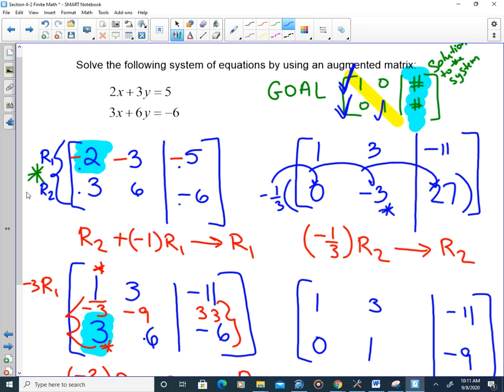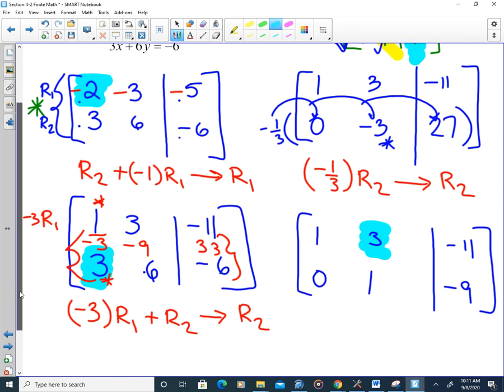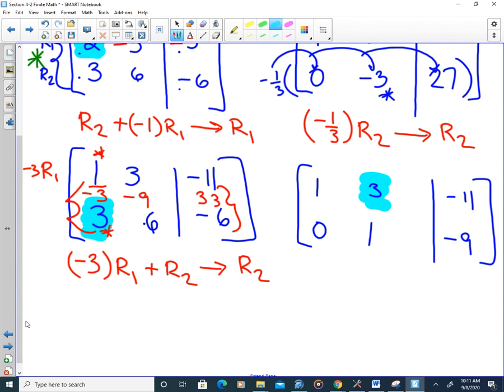So the last thing now is to get that last element there, this element here, to be a 0 without changing any of the other ones that we already changed. So what we're going to do is use this row right here, row 2, to get rid of that 3 there.